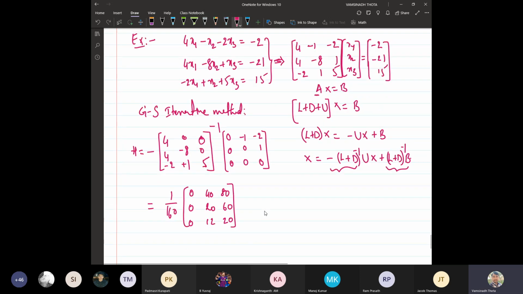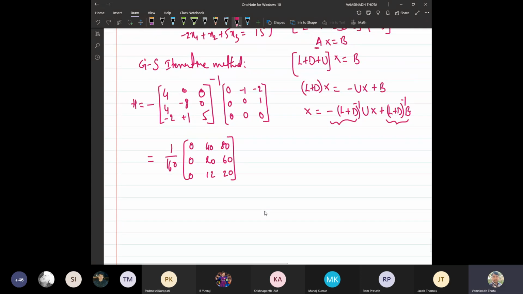Okay, let me keep it as it is. And then give me what is the constant matrix B in the iteration setup.